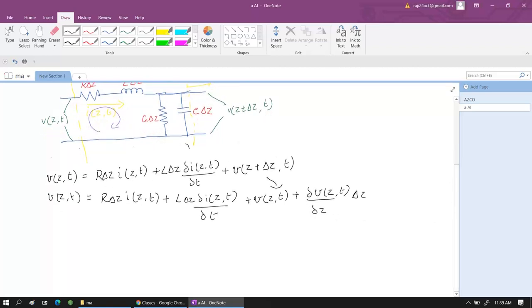The V(z,t) can be cancelled with this V(z,t). So what you will get over here is only RΔz I(z,t) plus LΔz ∂I(z,t)/∂t plus ∂V(z,t)/∂z into Δz.